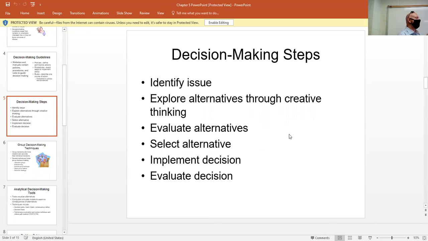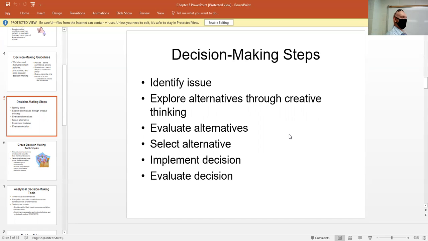You probably want to leave that option out, cutting the yellow wire. So once you've got your alternatives, you got to pick one. So you select your alternative. At that point, you implement your decision and then you evaluate your decision. Was it successful? Hey, does this remind y'all of anything?